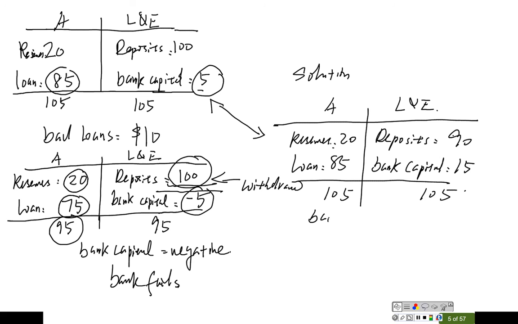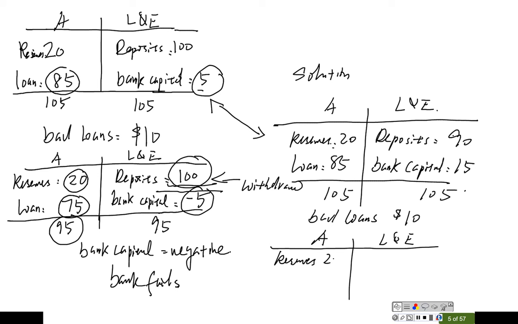So if the $10 bad loan happens to this bank, can this bank still survive? Let's use the T account to see what happens. Reserve $20. Because of the bad loan, the loan value declines to $75. So it is very similar to the case we illustrated previously. The deposit value remains the same because of the obligations.